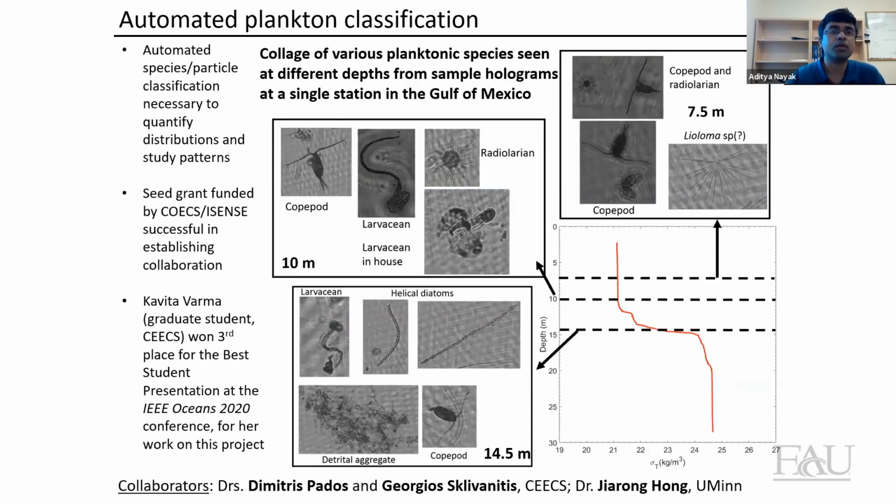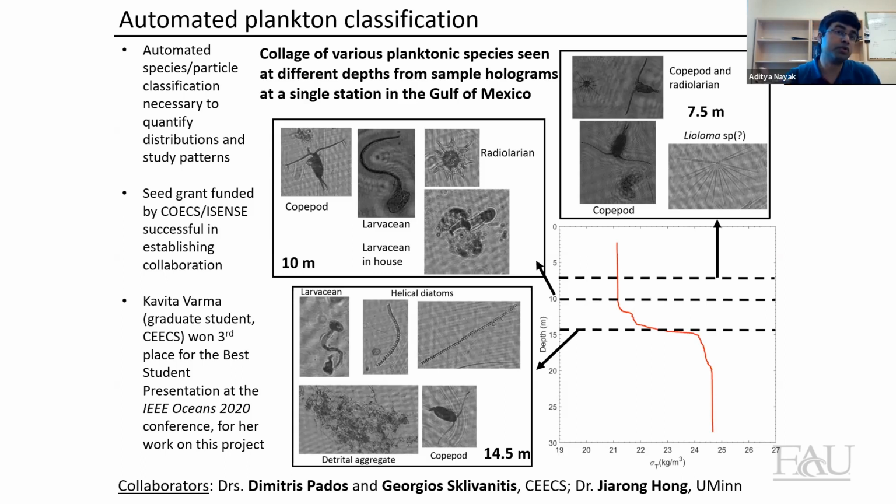I just wanted to give a brief note. This is where the collaborative aspect comes in. I wanted to mention a little more about the collaborations that we have, right? People who have a computational background might already have thought of this. We have this enormous database. For example, every 10-minute profile from the imaging instrument gives us about 4,000 to 5,000 holograms.